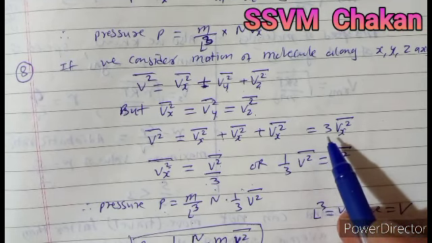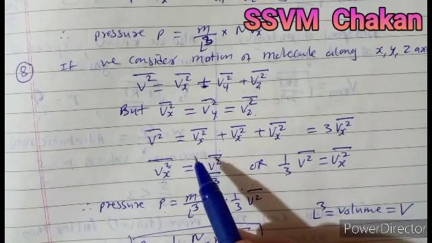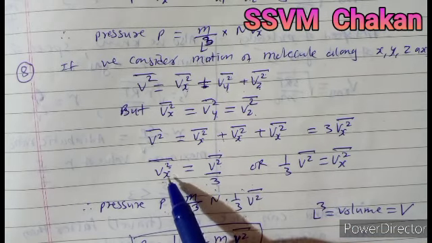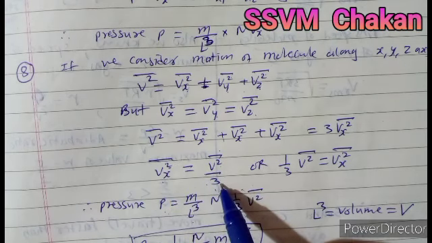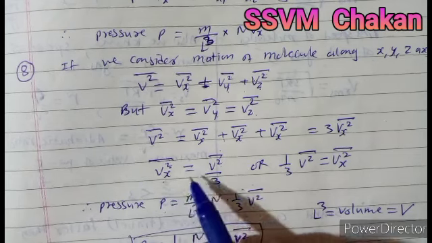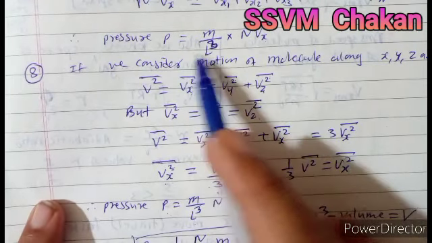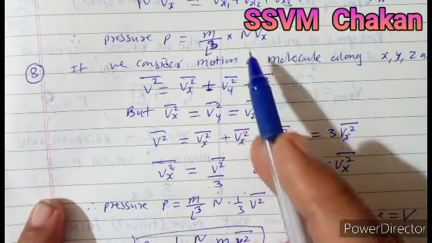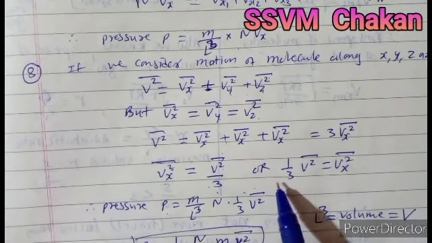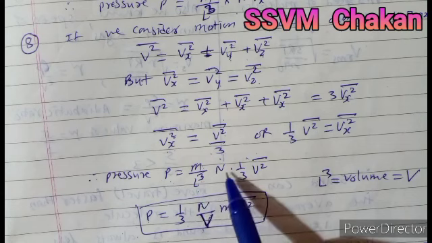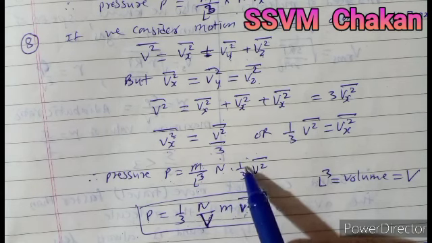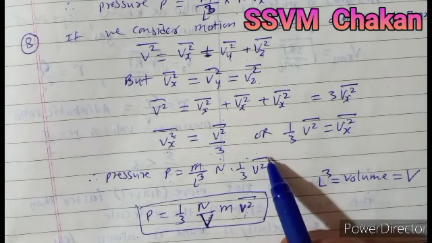Shift this 3 to the other side, then vx square bar is equal to v square bar divided by 3. Substitute that in the pressure formula, and the pressure formula changes to P equals m divided by L cube, N into 1 upon 3 v square bar.